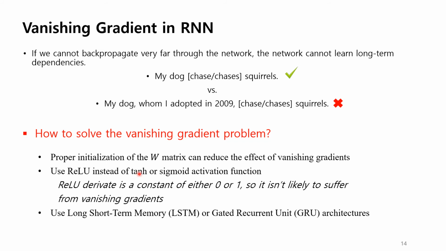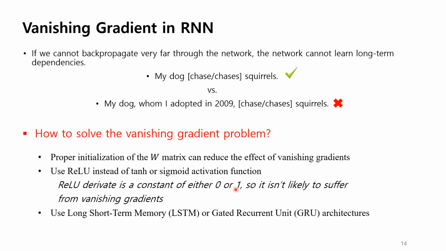Because in hypertangent or sigmoid, when the value is close to 0 or 1, its derivative is very close to 0, right? So because of that, we have a vanishing gradient problem. With the ReLU, the derivative is either 0 or 1. Okay, very clear, 0 or 1, very simple.